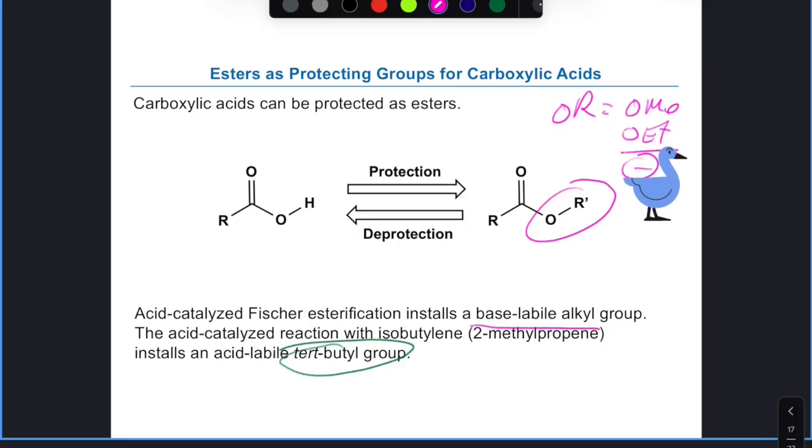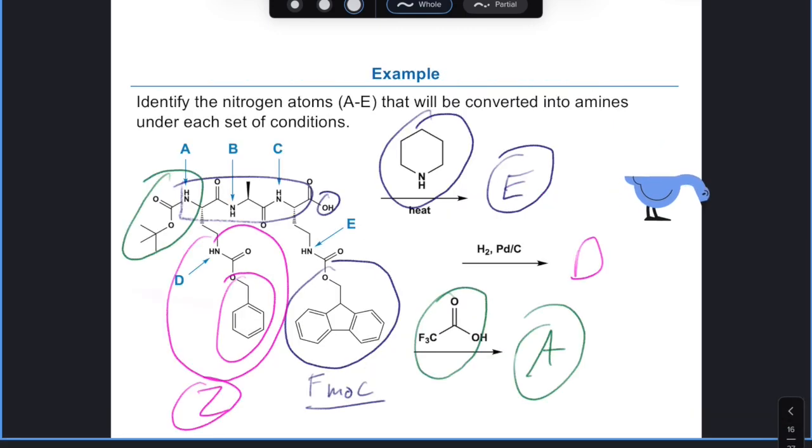However, if you had a base labile carboxylic acid, which nitrogen protection should I not use? If I had a base labile carboxylic acid, which nitrogen is a bad choice? Because I'll hit the base labile carboxylic acid, but I'll also hit my base labile nitrogen, which is FMOC.